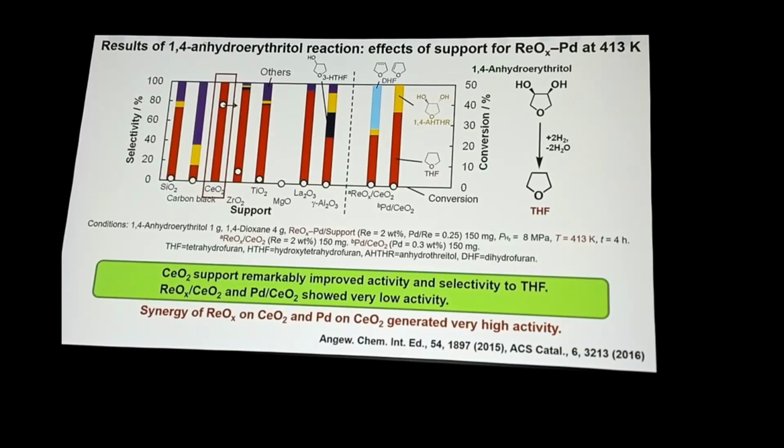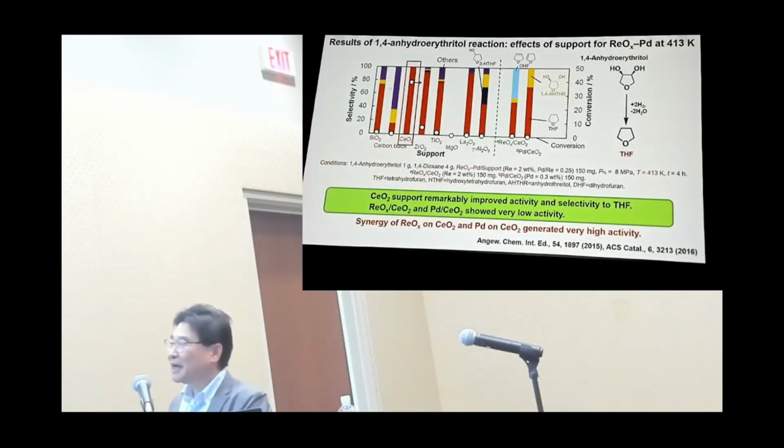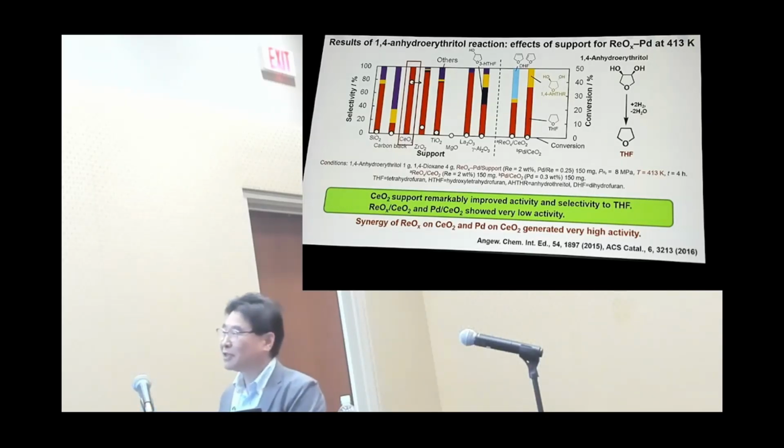This is the result of the 1,4-anhydroerythritol deoxydehydration reactions, showing the effects of the support for the rhenium palladium catalyst. As you can see, ceria showed very much higher activity than the other support oxides. This is at a temperature generally a little lower than the usual case and the homogeneous case.